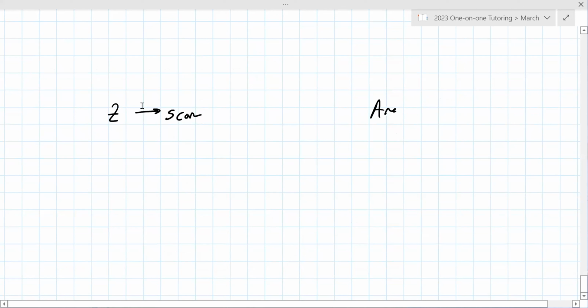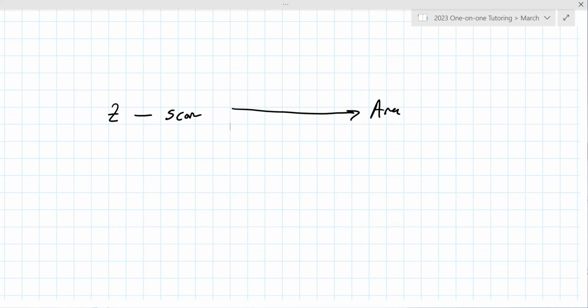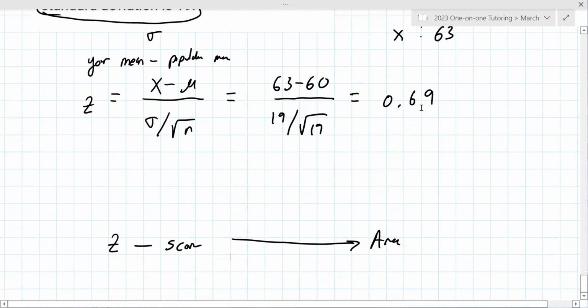This Z-score leads to calculating the area. This problem just asks for the Z-score. So you are done right there. Okay. So you just have to look out for Z-score or further. Yes. Okay, cool. So you're done. This is your answer, 0.69. Okay.